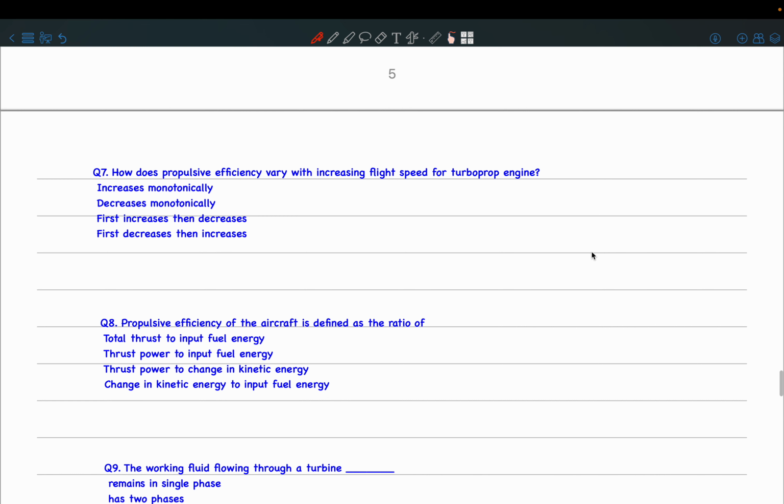It's very obvious why it will increase, because as you increase the speed, m dot is increasing, thrust is increasing, so your efficiency is going to increase. But after a certain flight speed, we discussed that there will be problem of shocks occurring at the tip of the turboprop, which is why eta p will decrease. Okay, so the answer here is first increase and then decrease.